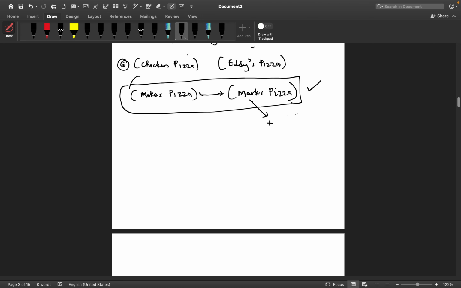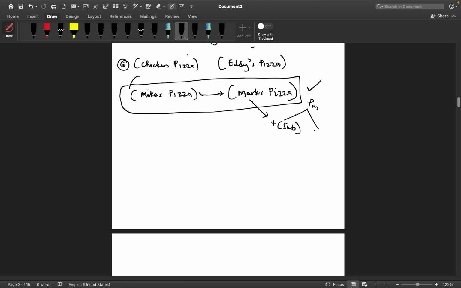If the coefficient of Max Pizza, they used PM, if it's positive, then it's a substitute good.